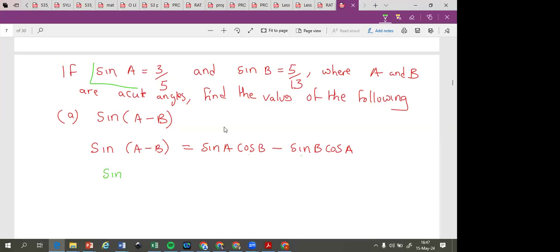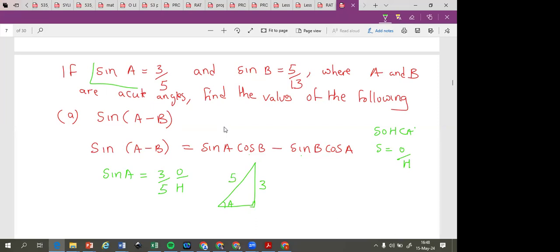Sine of A is equal to 3 out of 5. We know from SOHCAHTOA that sine is opposite out of hypotenuse. So when they write 3 out of 5, it means this is the opposite and this is the hypotenuse. So you first draw your right angled triangle, and say this is where my angle A is, my opposite is 3, my hypotenuse is 5.